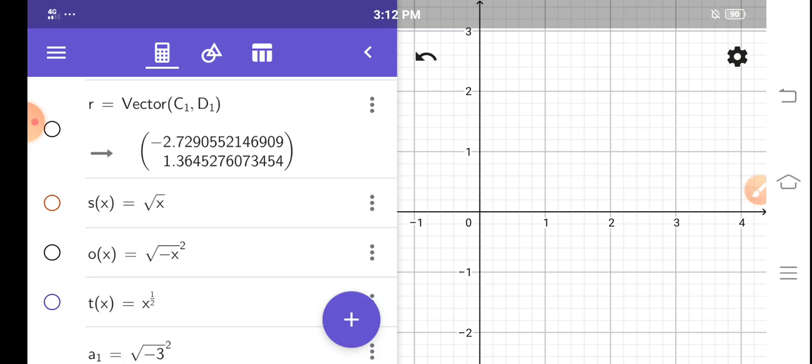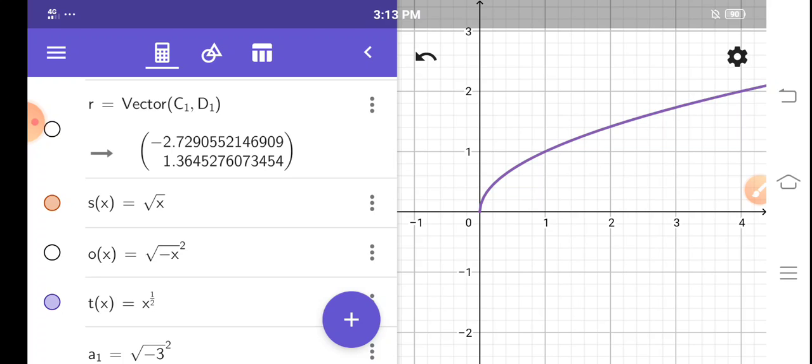How about x to the power of 1/2? x to the power of 1/2 has the same graph as square root of x. So this is square root of x, and this is x to the power of 1/2.